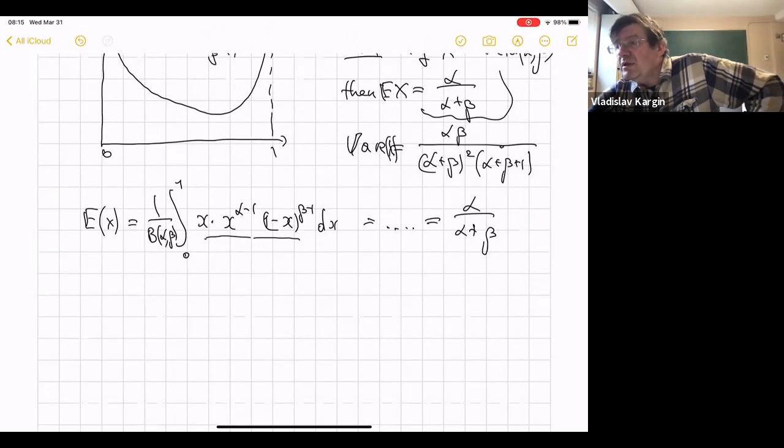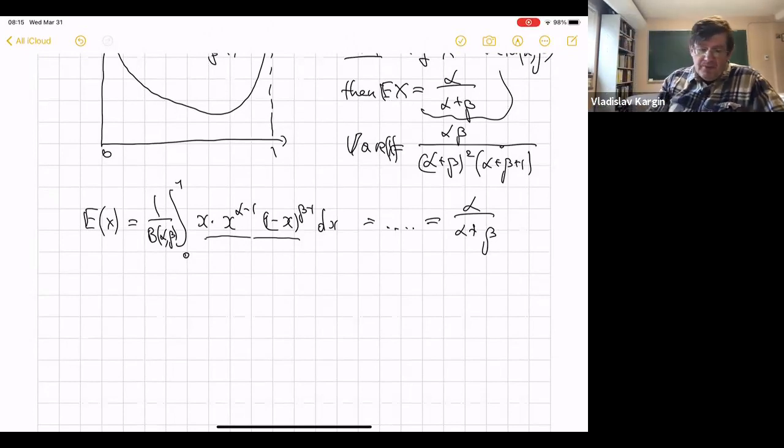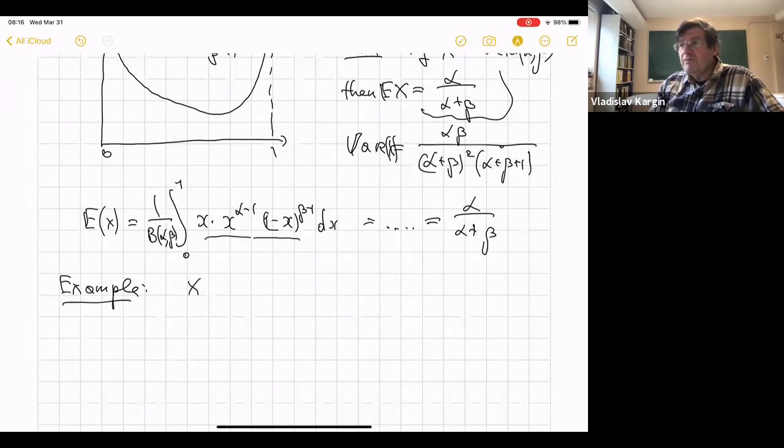Example. In this example, we have an x, which is say the downtime ratio of a machine.